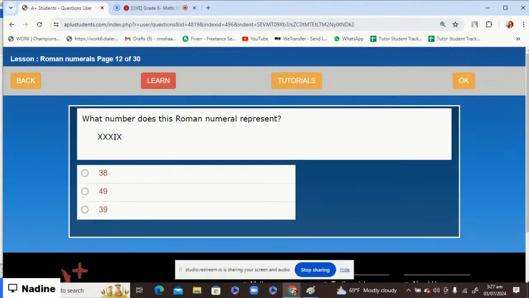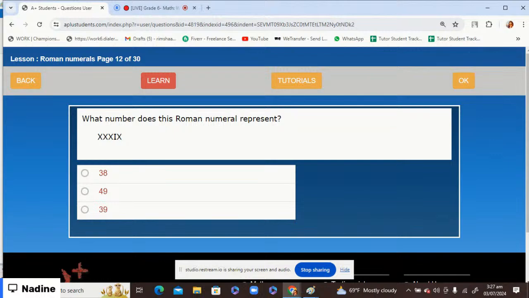Okay, now, what number does this Roman numeral represent? Okay, this one, check it out. 3 X's, then I and X. Option A, B, or C. 3 X's represent 10, 10, 10, and IX represents 9. So it's 30 plus 9.